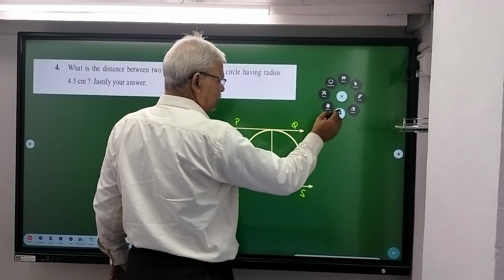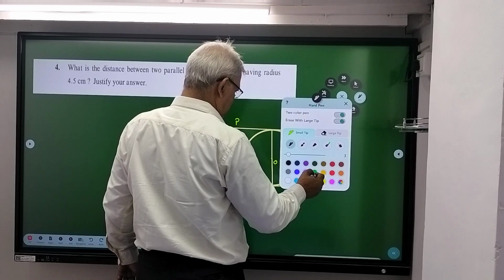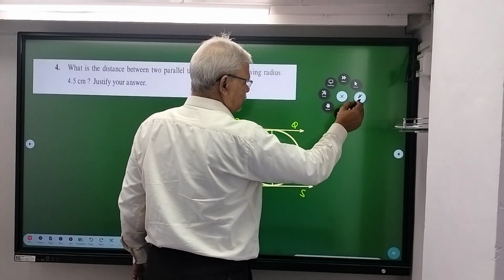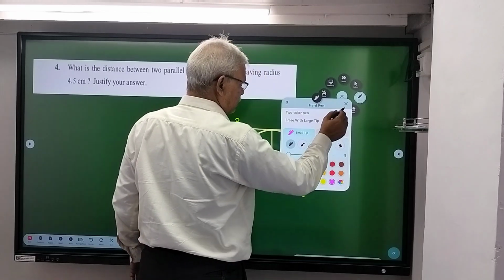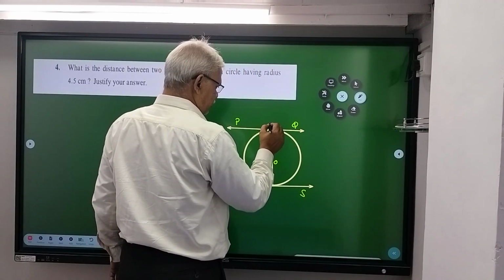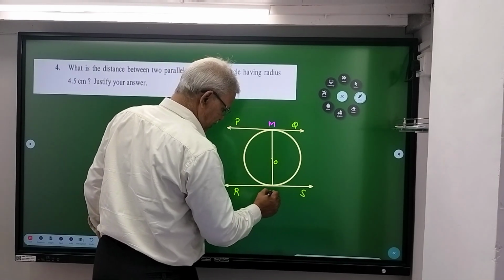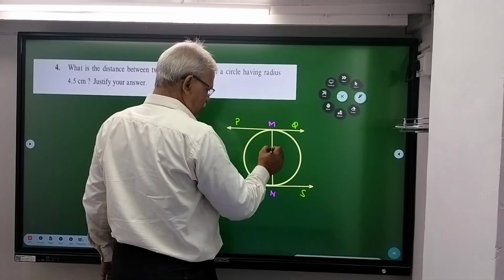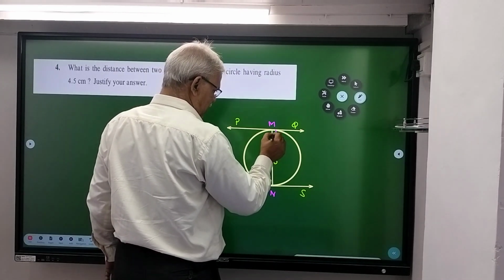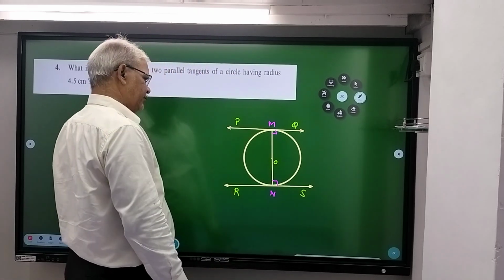Now see here, this radius, suppose this is M and this is N. One radius is here, OM, and the second is ON.